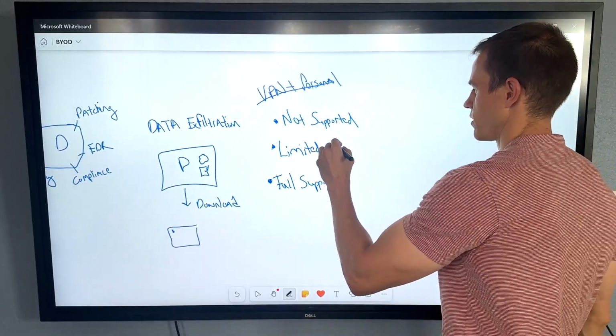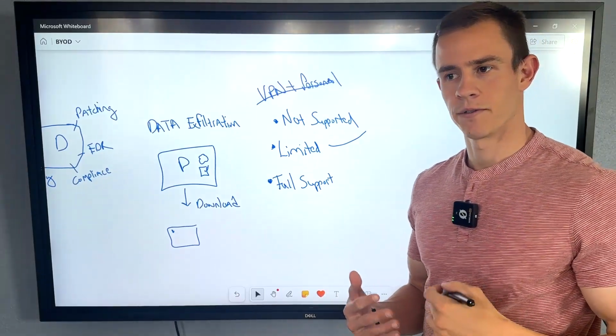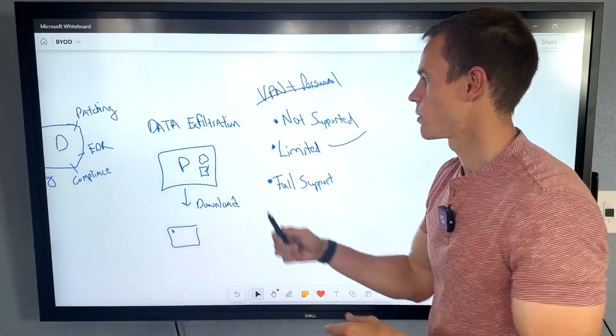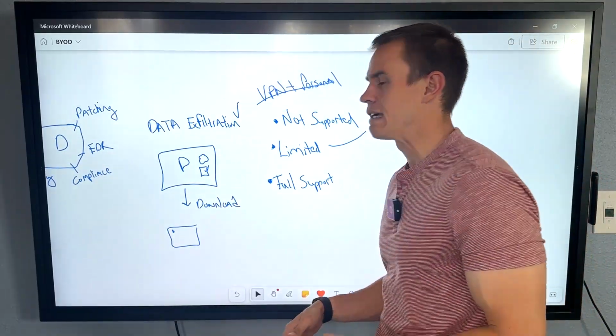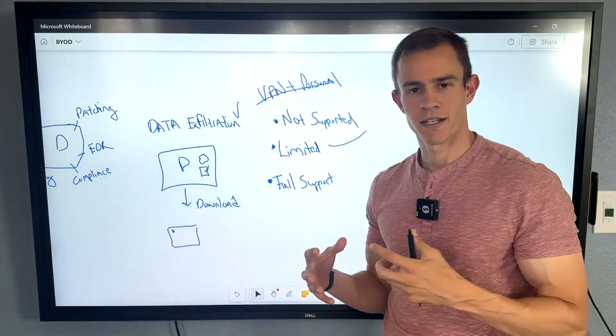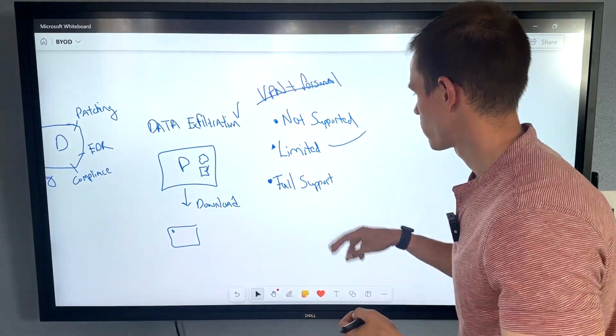When we talk about limited, we really want to have the protections that help us, number one, check this box and say, hey, I'm preventing data exfiltration, but also I'm limiting the attack surface on this unprotected device. And there's a couple ways we can do this.